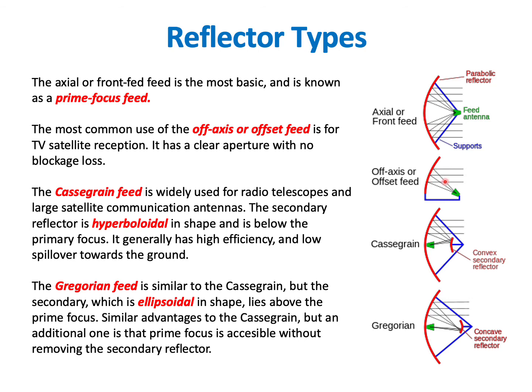And in that case, there's no blockage. But also, we don't have to have the feed at the focus. We can have a subreflector that re-reflects the light, so the light reflects off the main reflector, re-reflects off the subreflector, and is then captured by our feed.